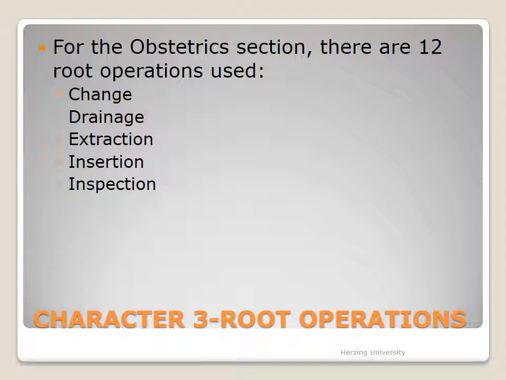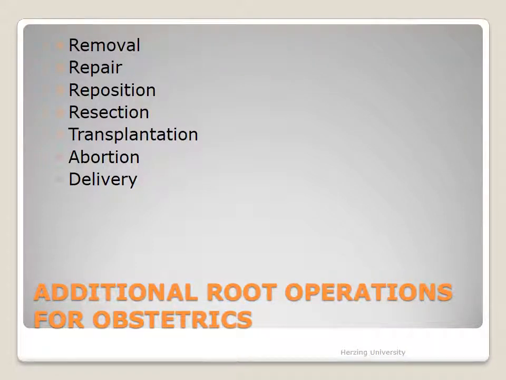There are change, drainage, extraction, insertion, inspection, as well as removal, repair, reposition, resection, transplantation, abortion, and delivery. And it is very important that a coder understands the definition of all of these root operations.